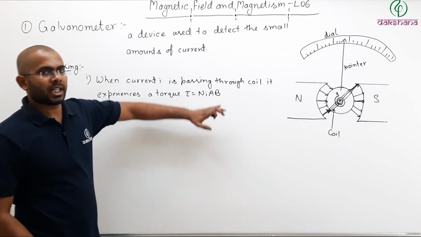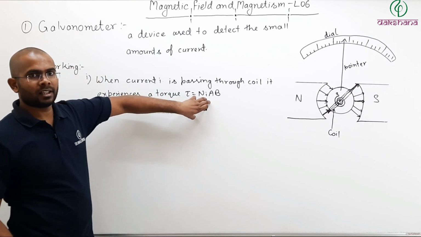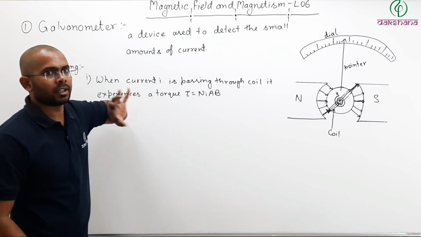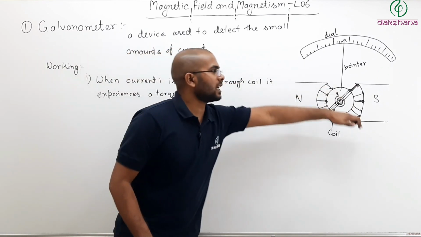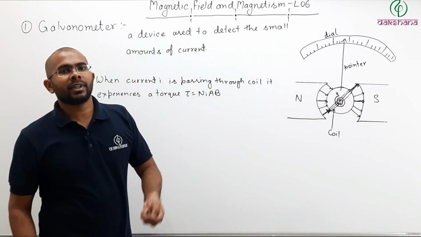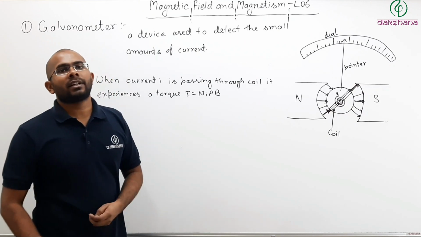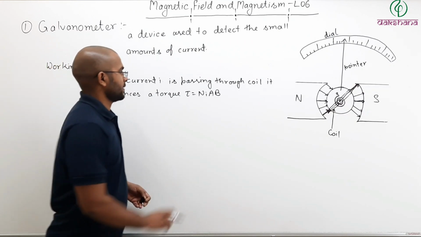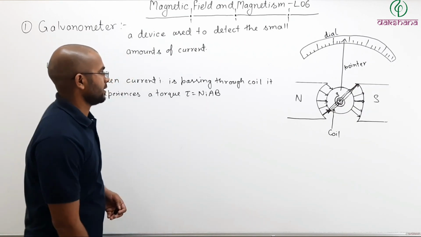Now the sine theta term does not factor here. Why does it not factor? That we have already discussed. Because of the radial magnetic field, the angle between the area vector and field vector is always 90 degrees. So tau is equal to NIAB.